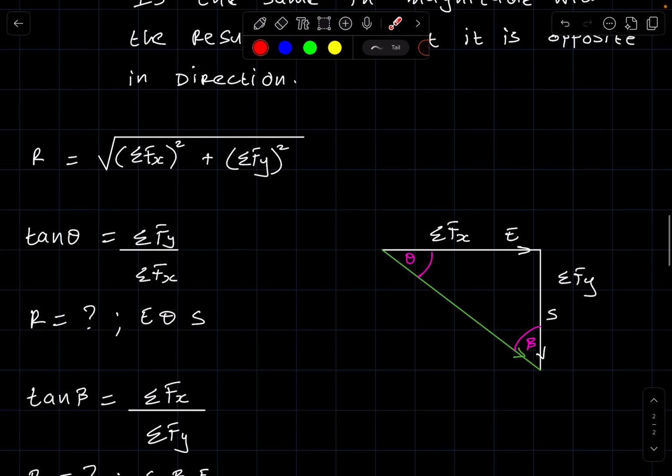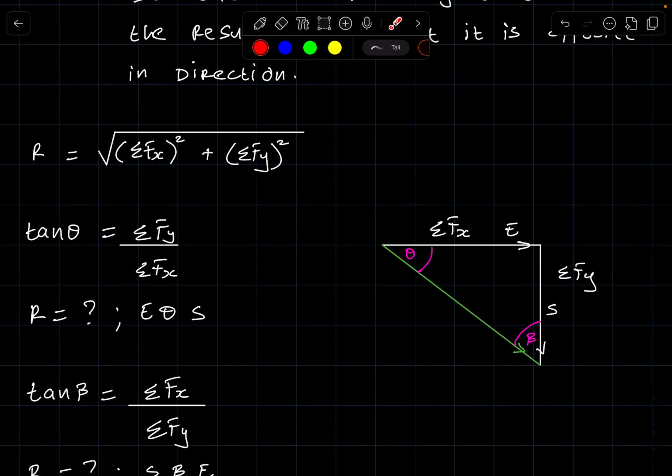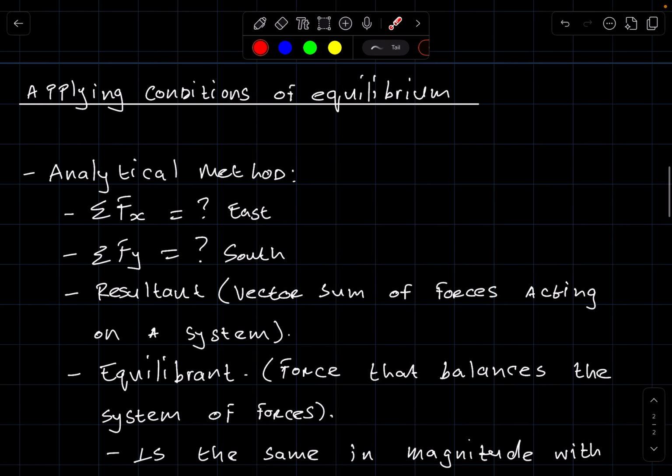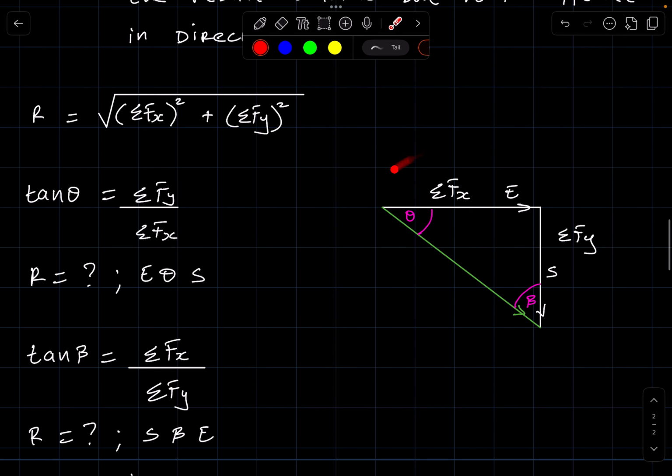So in this scenario, the x component is headed east and the y component is headed south. This is essentially what you will get. If that's the case, that means the resultant is acting somewhere in this direction.